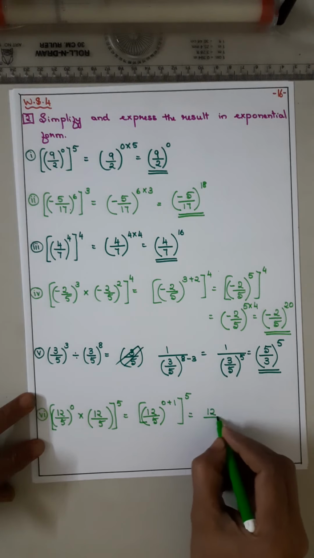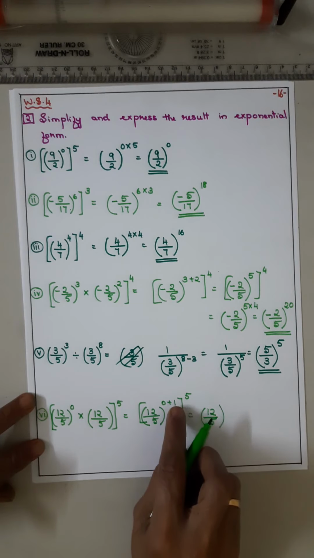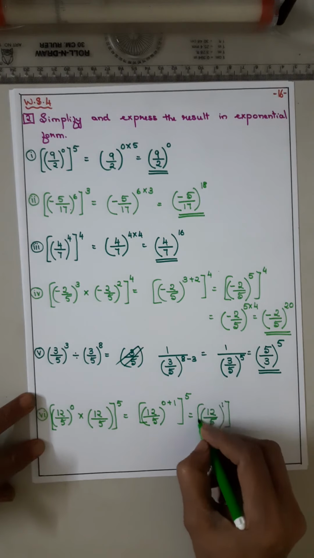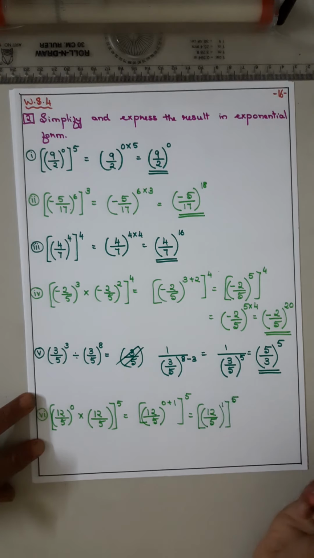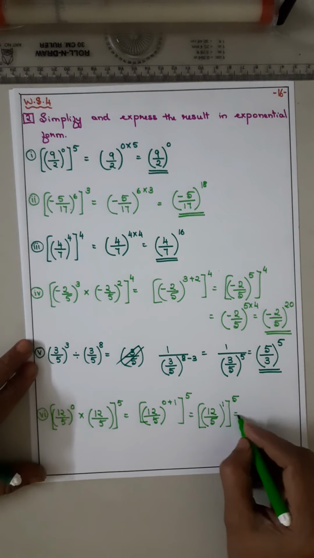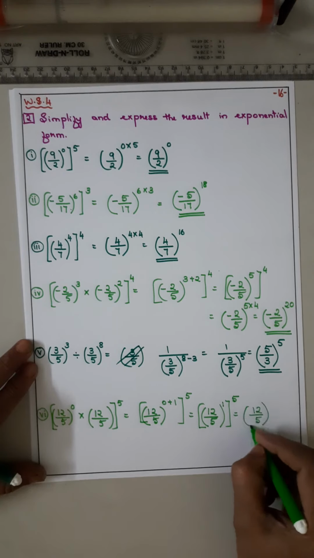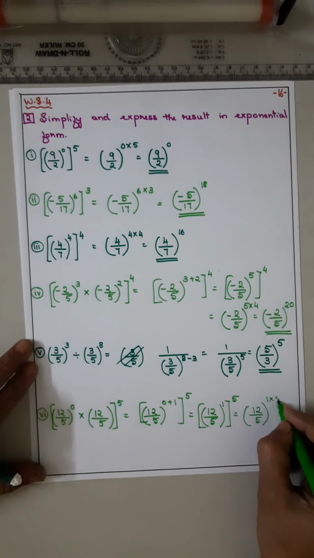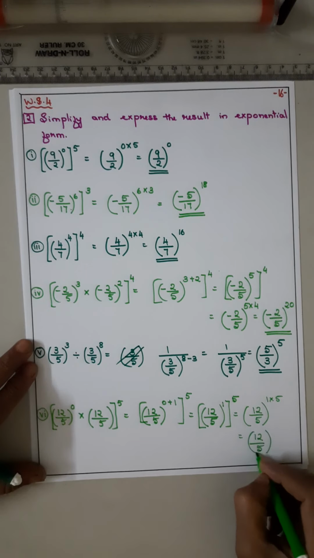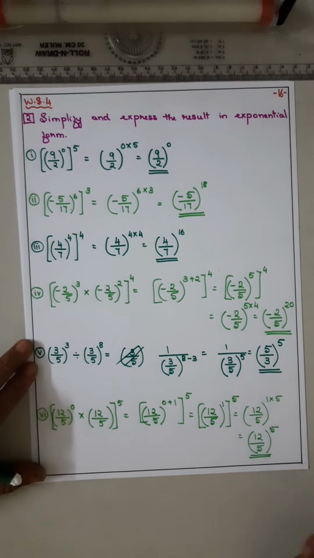So 12 by 5, the whole raised to 1 here, and the whole raised to 5. 0 plus 1 is 1. If you don't write it, it is also fine, but here we have to write it further. So 12 by 5, multiply, 1 5s are 5. So 12 by 5, the whole raised to how much? 5 1s are 5.